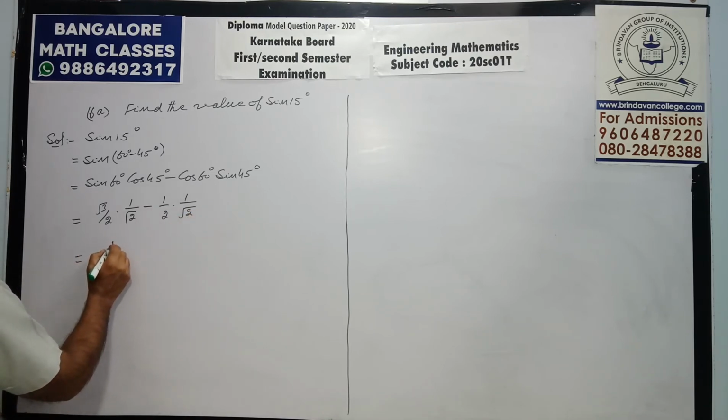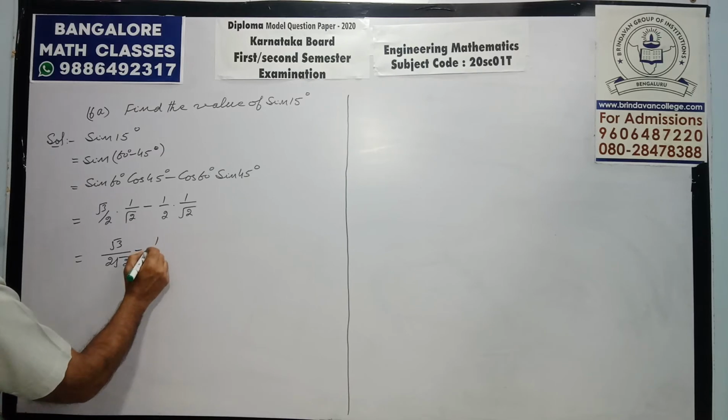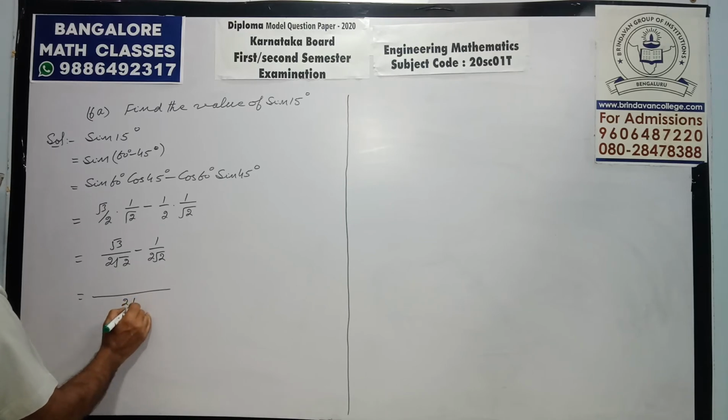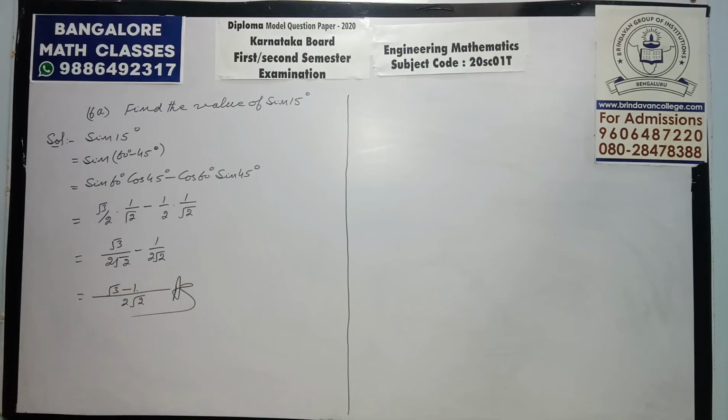Thus it will come out to be root 3 by 2 root 2 minus 1 by 2 root 2. So 2 root 2 LCM, we will get root 3 minus 1. So that will be the answer. So easy is this sum.